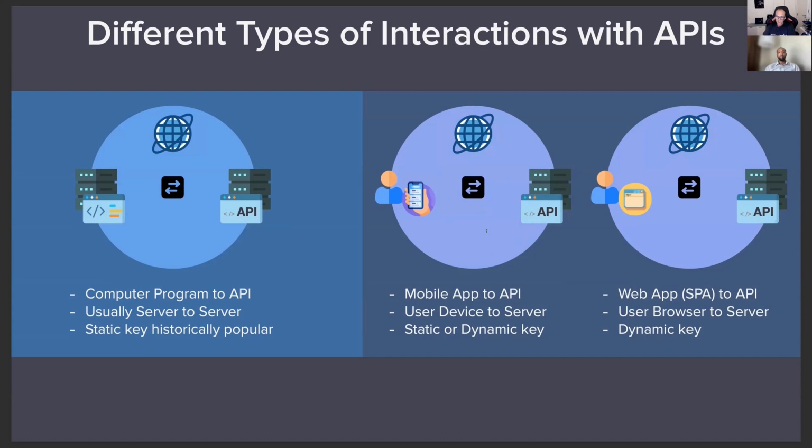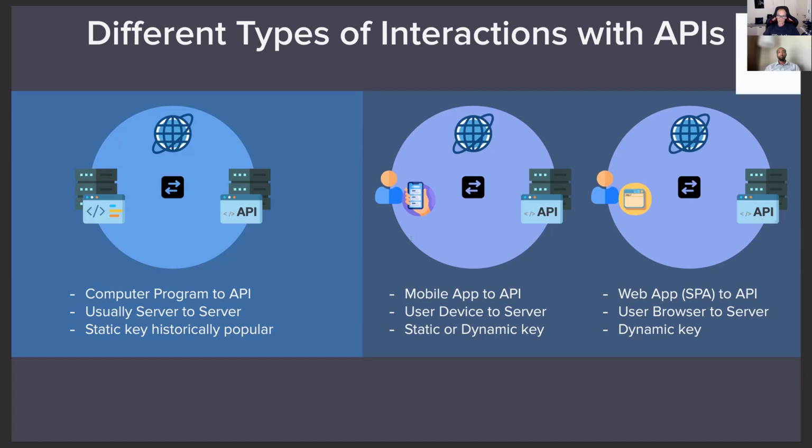Another type of interaction that is becoming more popular today is when you have a web application, typically a single page application or SPA, interacting with an API. The communication here is between your browser and the API server. And here you mostly see the usage of dynamic keys.